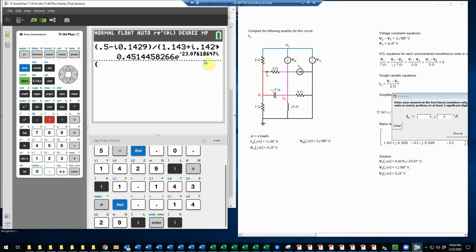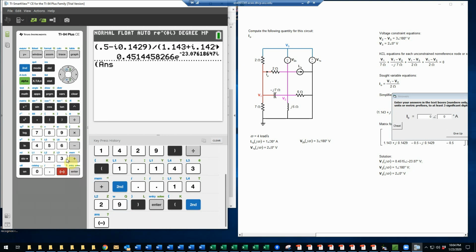Actually, I could just use answer there because that's what I just computed. Minus V2, which actually I could just write as +1, really, divided by 2, since a -1, of course, is just a +1. Because remember, 1 angle 180, that's 180 degrees, is -1.